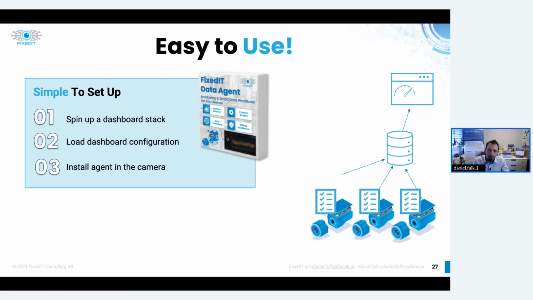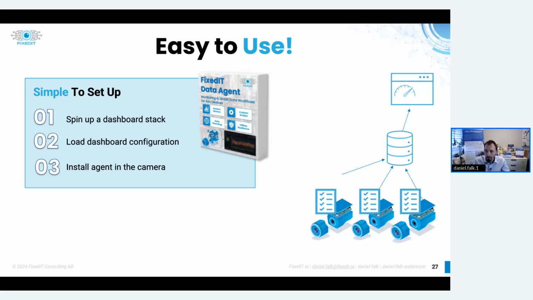Our goal was to create something that is as easy and quick as possible to set up, but is still production ready and scalable from the start. So essentially what you need to do is to spin up your dashboard and Grafana stack, load dashboard configurations to get the actual dashboards that you want, and then install the fixed data agent in your cameras.